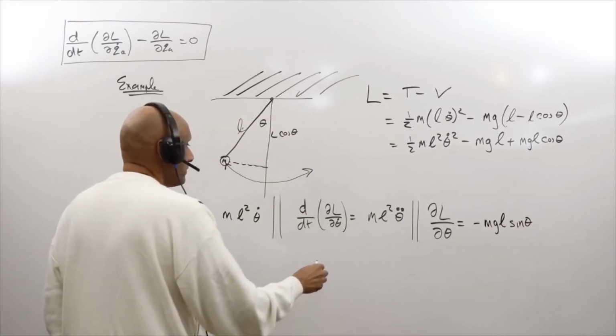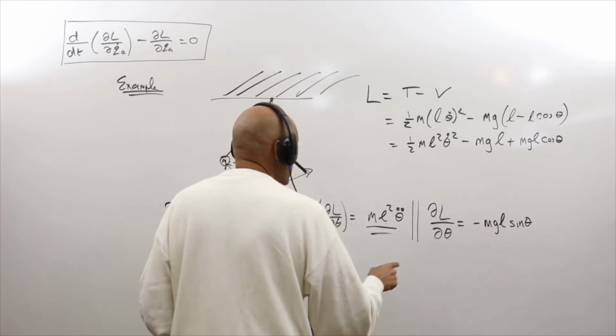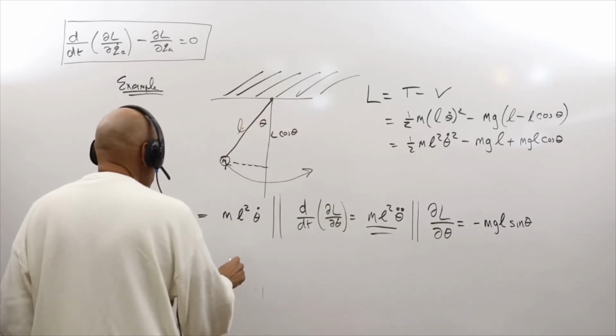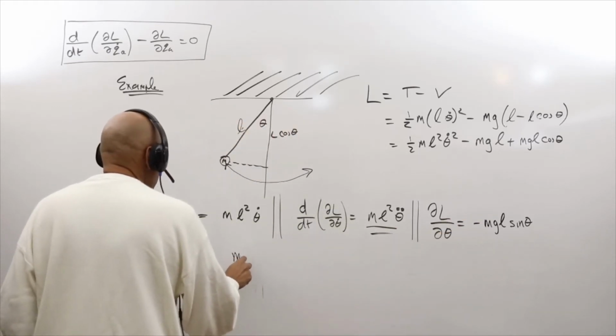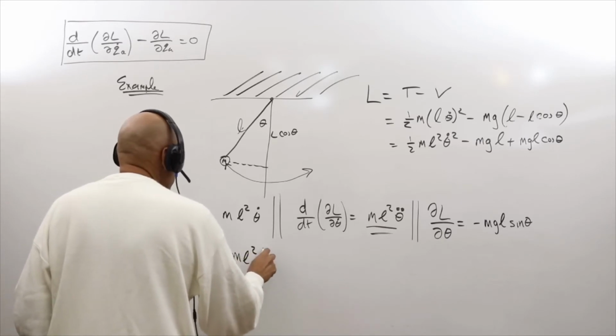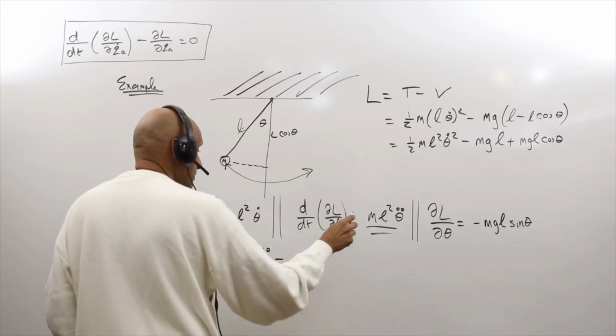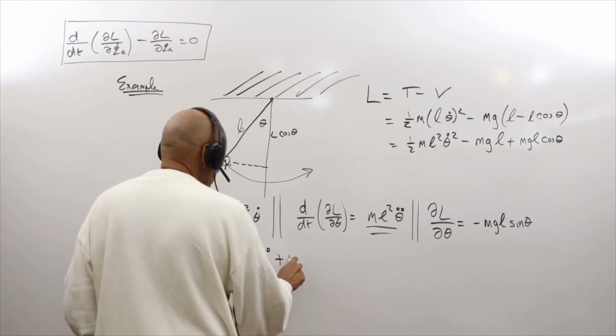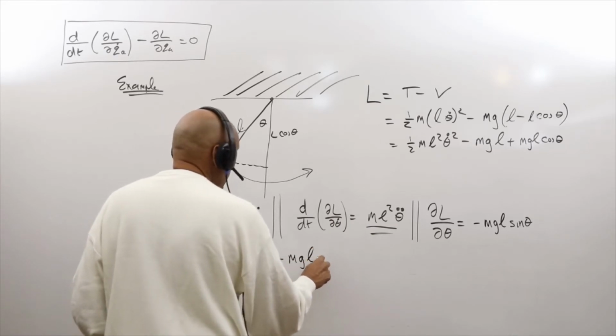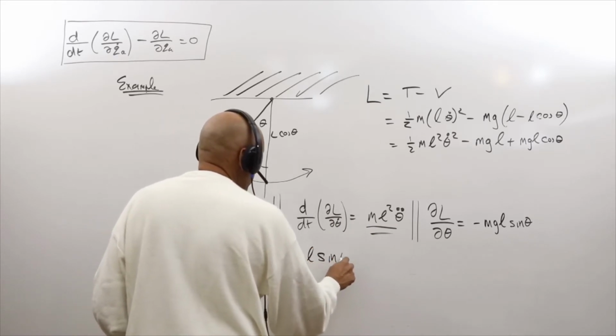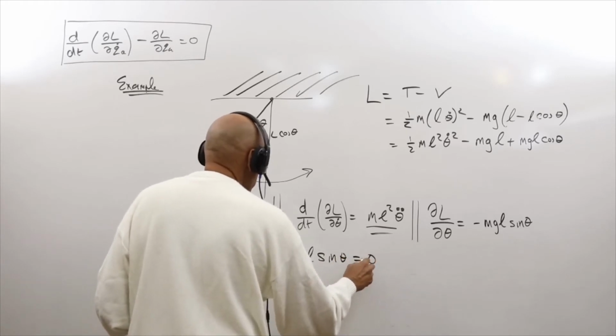And so this term minus that term gives me the full equations of motion. So our equations of motion are m l squared theta double dot, minus minus, which becomes a plus, m g l sine of theta is equal to 0.